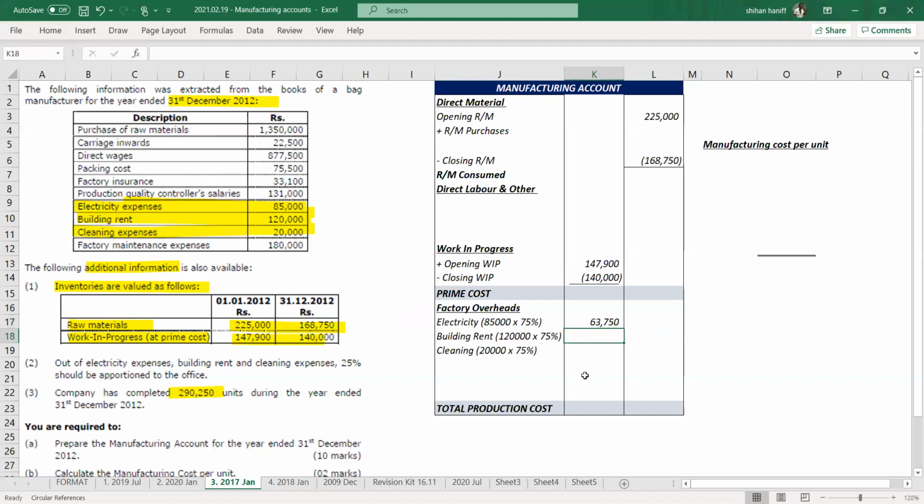Electricity 63,750. Building rent 90,000. Cleaning 15,000.